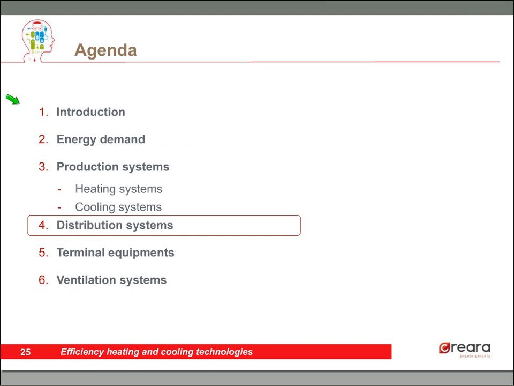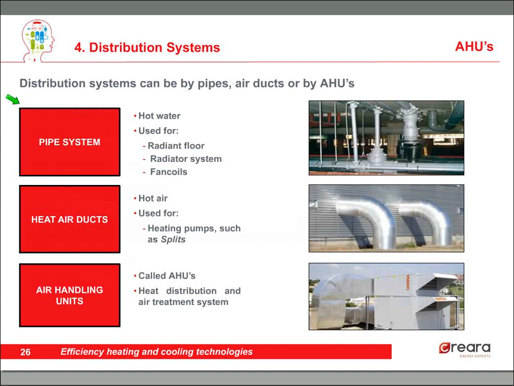Now we're moving on to distribution systems. Distribution systems can be pipes, air ducts, or air handling units. A pipe system is normally used for hot water, and it can be used for radiant floor, radiator systems, or fan coils.